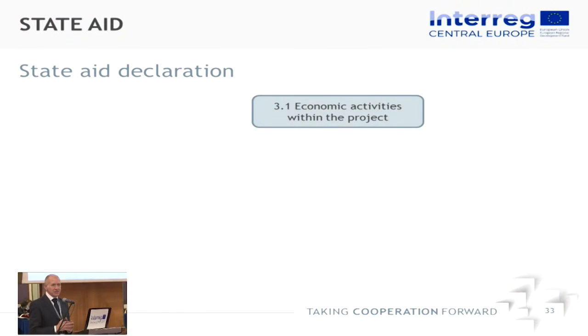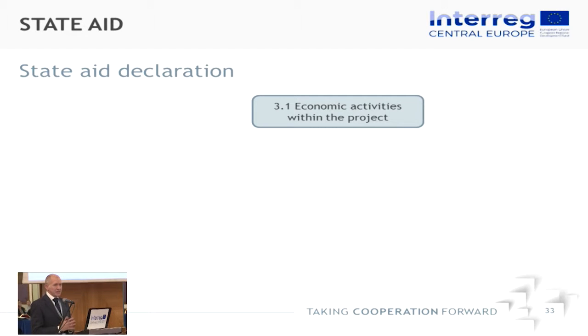In order for us to assess whether there is state aid relevance in the project, we ask all the partners and lead partners to fill in a declaration, which is part of the lead partner and partner declaration. There is a section devoted to state aid. This declaration is very long. It also contains a lot of information and guidance on what state aid is and how to fill in the declaration.